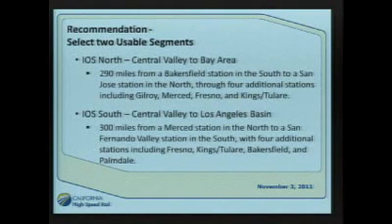The alternative is IOS South, which would go through the Central Valley to Los Angeles Basin, which is about a 300-mile section from Merced Station in the north to San Fernando Valley Station in the south, with 4 additional stations, including Fresno, Kings Tulare, Bakersfield, and Palmdale.